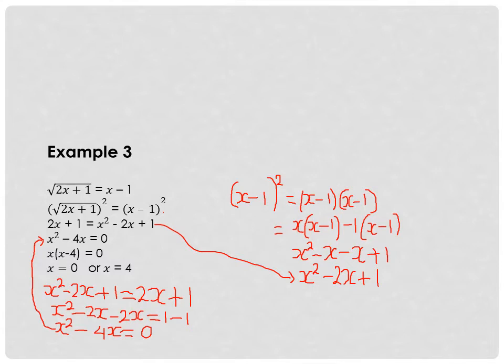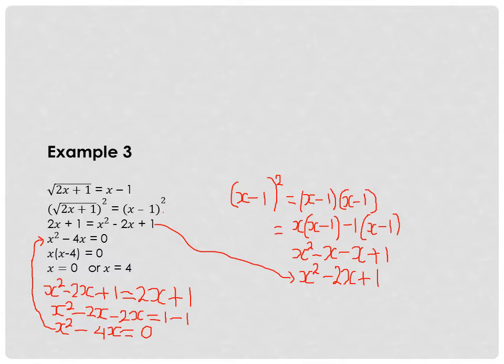So we are going to have x to the power 2 minus 2x minus 2x. Why minus 2x? Because 2x is moving from the right to the left. Hence we have minus 2x, and then it is equals to 1 minus 1. The other one moved from the left to the right.